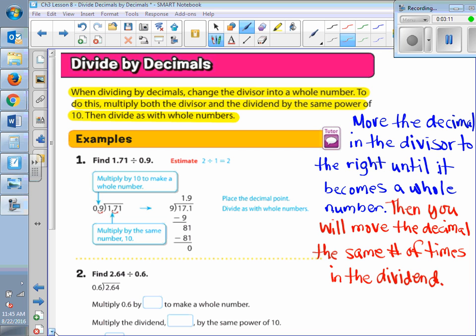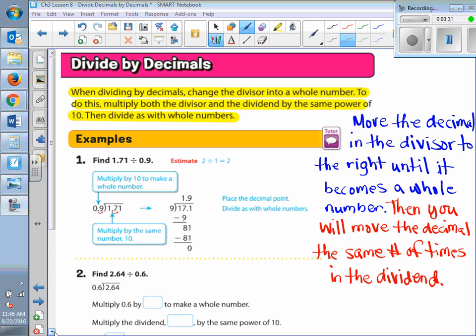Does everybody see in the divisor, we move the decimal to the right once. That means you multiply times 10. So if I move the decimal once to the right in the divisor, then I have to move it once in the dividend. Is everybody clear with that?